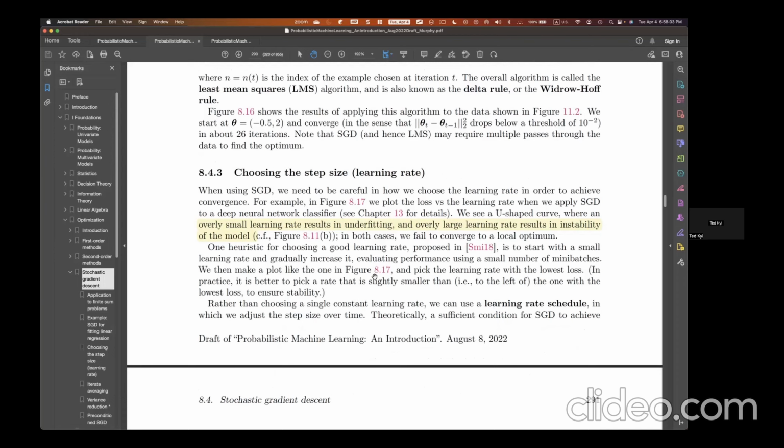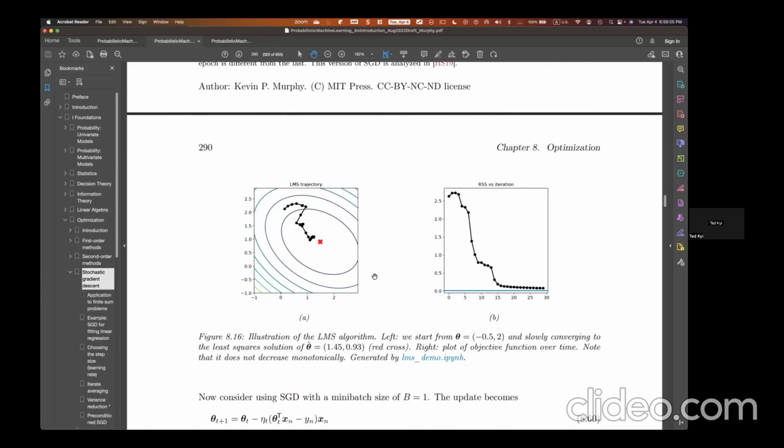Well, maybe that's not exactly the right way to say it, but basically it's a circular bowl instead of a potentially very elongated bowl with a valley. And so for circular bowls, you can find a very direct route to the bottom center of the bowl.